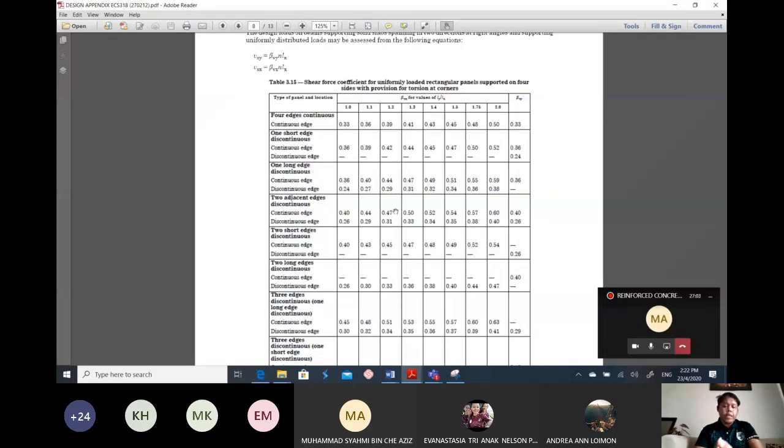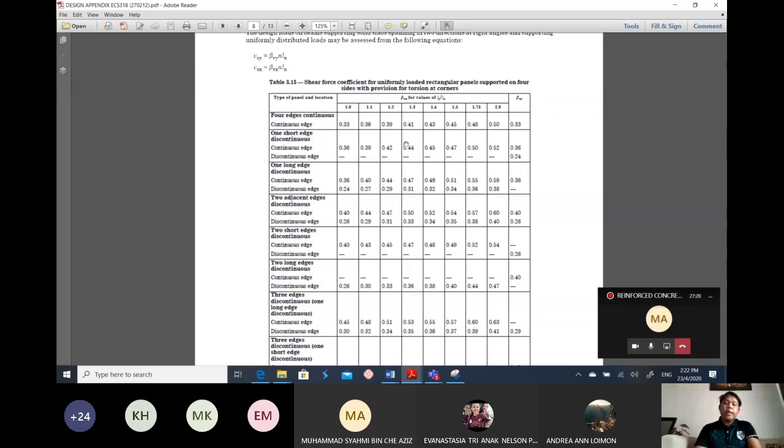Basic interpolation. You have to do it for both values, for continuous edge and also discontinuous edge. For the long span, no need to interpolate, because we just take the value.